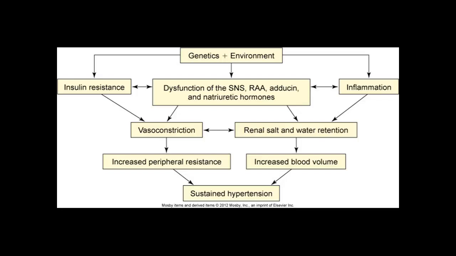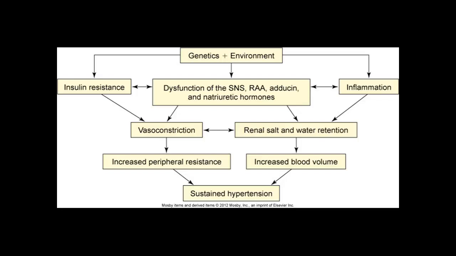Over on the left-hand side, we also get insulin resistance as a possible result in this process. And on the right-hand side, some inflammation. Those things don't cause hypertension, but they do contribute to the process. So on the left-hand side, the insulin resistance will also help our sympathetic nervous system and the renin, angiotensin, aldosterone system in causing vasoconstriction.